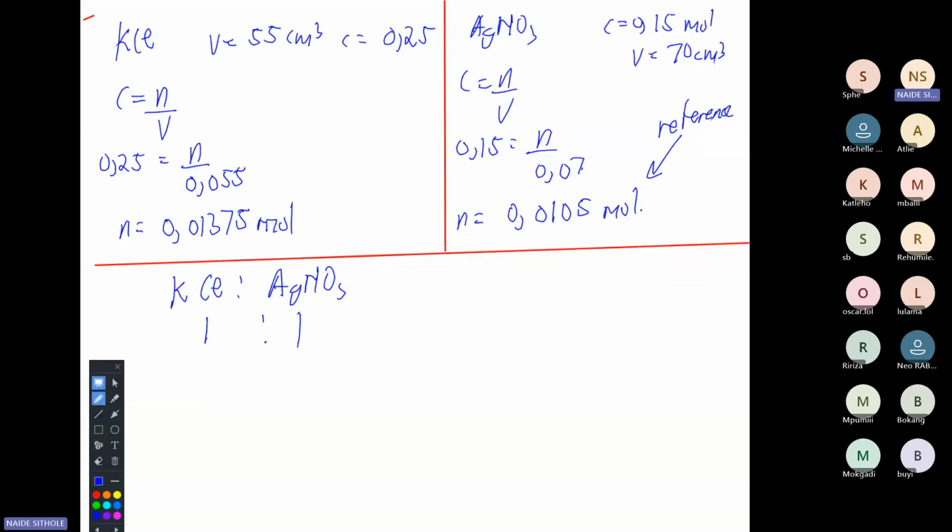If you use this one as the reference, we put 0.01375 for this one, and then we put X on this one, meaning that whatever I calculate here must then compare to this one. Remember, these are the available number of moles. So let me write it on the one we reference. And then I want to calculate here when I cross multiply, 0.01375 mole.